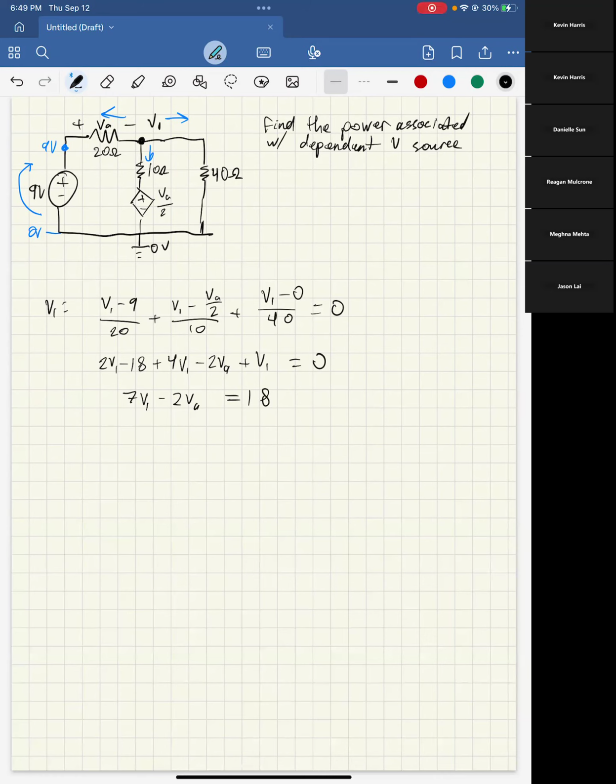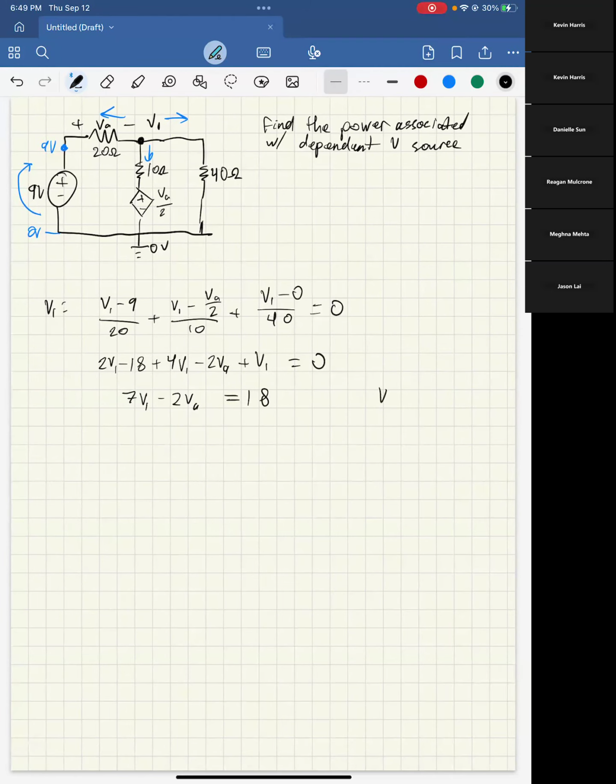And then we can write an equation for VA pretty easily. VA is going to be one of the terms we already had. So this is VA, look at that, this is such a good app: V1 minus 9 over 20.